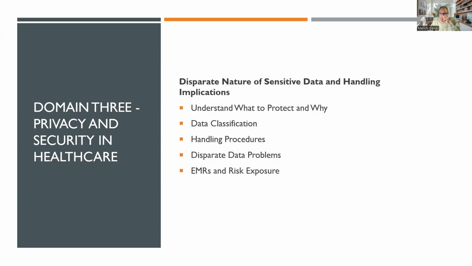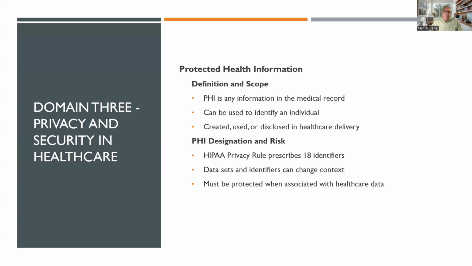So this talks about the type of data that's in the healthcare industry and the importance of data classification and handling procedures, because data can be a variety of things, everything from images to doctor notes to demographics. So recognizing that, right? Protected health information then becomes its own introduced section here, defined by HIPAA.